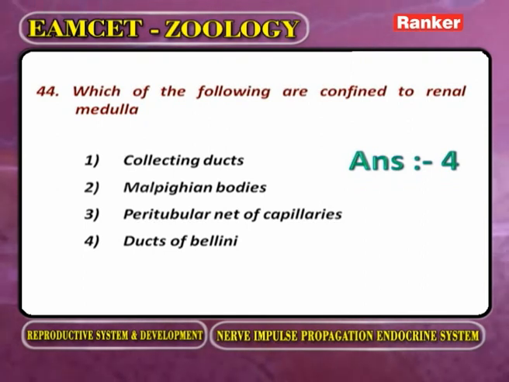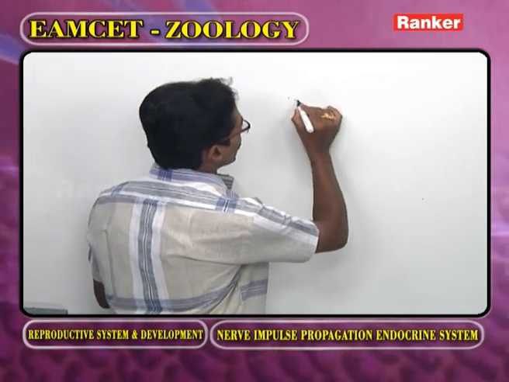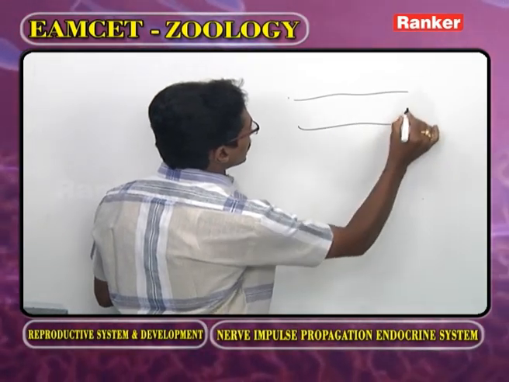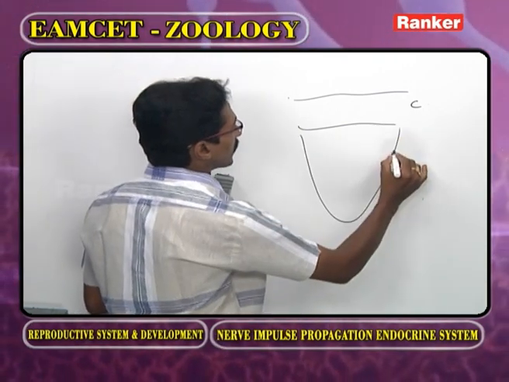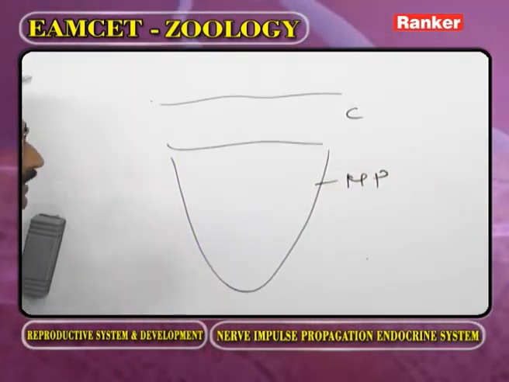Which of the following are confined to the renal medulla? Observe this part, which we call the cortex, and this one is the medullary pyramid.